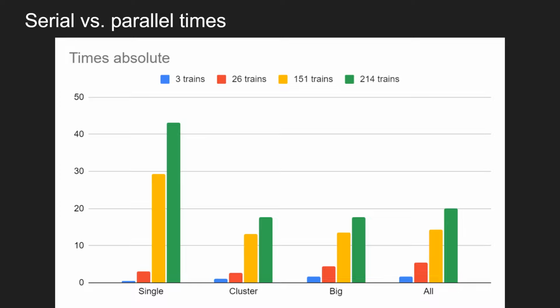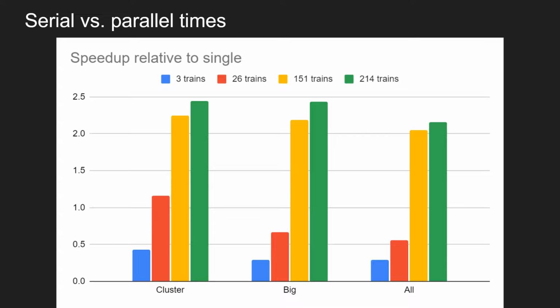When I then increased the number of threads to run on both of the clusters, so that's the big times, and all of the logical threads in the computer, you can see that the times actually stayed about the same or slightly increased. That means that when communicating out of the local cluster, the overhead of communication outweighed the benefit of having more threads doing work.